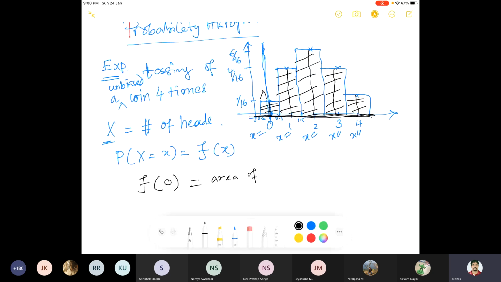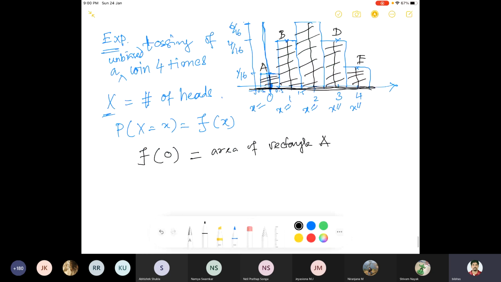Let's say this rectangle is A, this is B, this is C, this is D, this is E. Now it's the area of the rectangle, and so on. So f of 4 is, let's say, the area of rectangle E. So it will give us an idea about a continuous random variable.